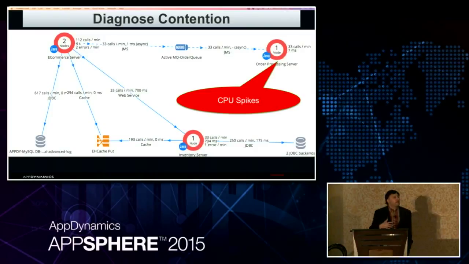In the AppDynamics APM product, when that slowness happens on a server, transactions going from the e-commerce server to the order processing server will be snapshotted. When snapshots happen, we've added a new capability to show you what the server-side resources are so you can figure out contention issues. I'll show you how we can drill down into that.